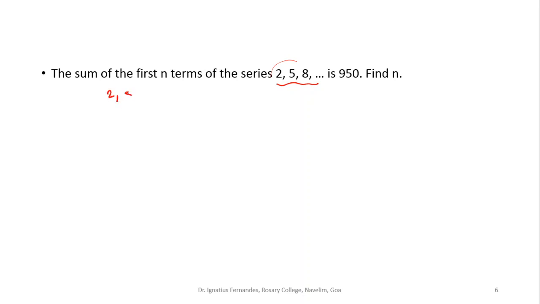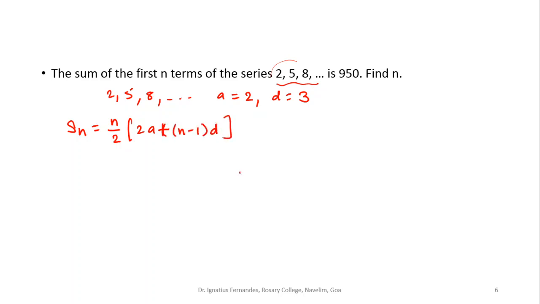So we have 2, 5, 8 and so on, an arithmetic progression. Here a is equal to 2, and the common difference is 3, 5 minus 2 or 8 minus 5 and so on. Now the sum of the first n terms is given, that is 950. We know that S n, the sum of the first n terms, is given by n upon 2 into (2a plus (n minus 1) into d).